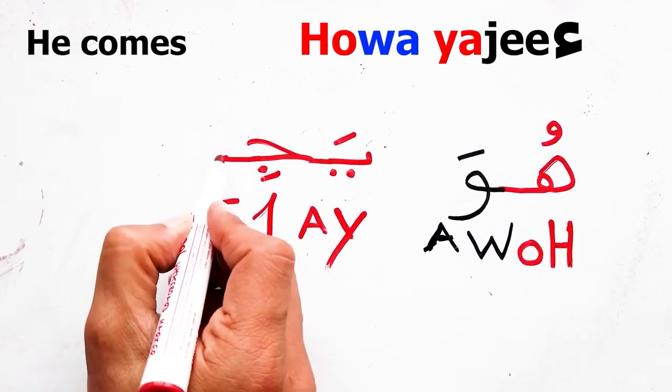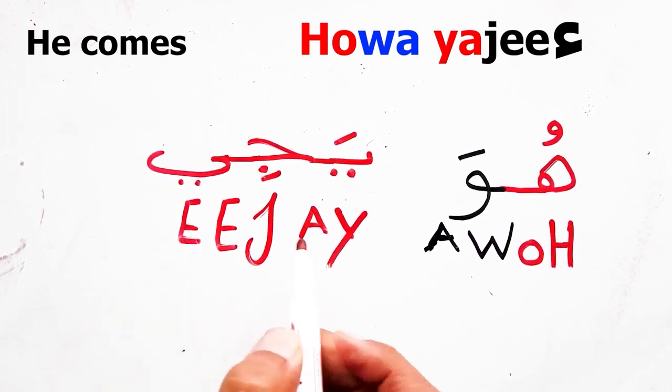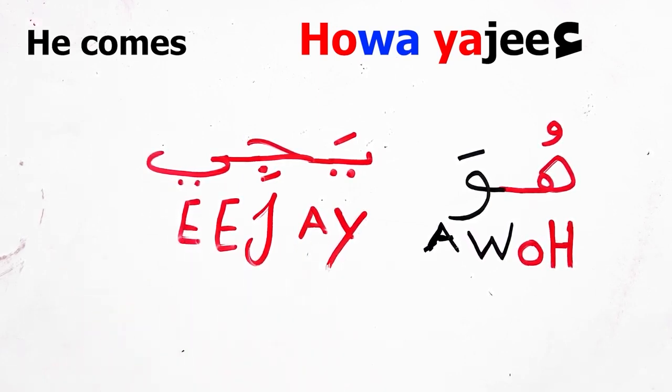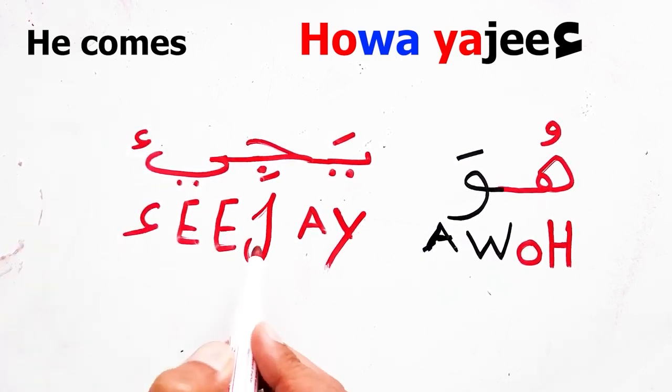We have the sound of long vowel. Let's add another one here. But I say يجيء. Do you hear this sound in the end? So let's add this here in the end. We call it Hamza. I will add it here. يجيء. Okay.